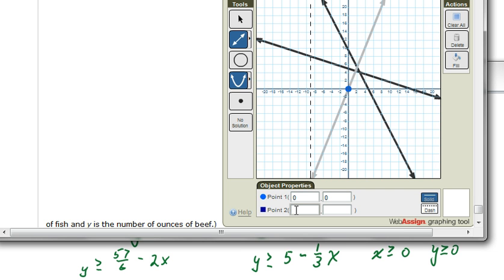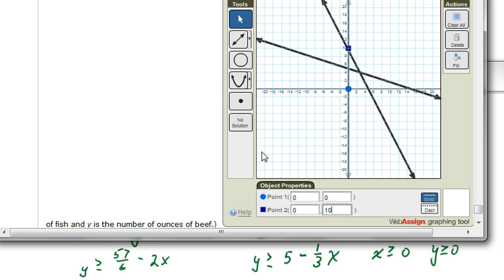I used 0, 0 and 0, 10. And that will be a solid line.